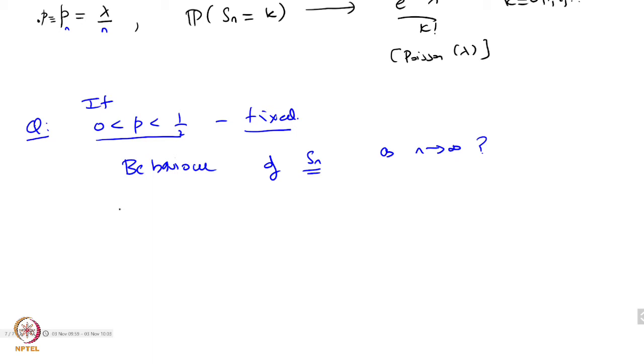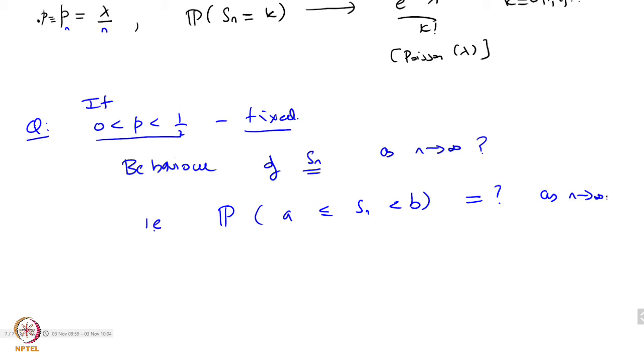But let's just see how the distribution function looks. I want to understand the chance that a is less than or equal to Sn is less than b, as n goes to infinity.